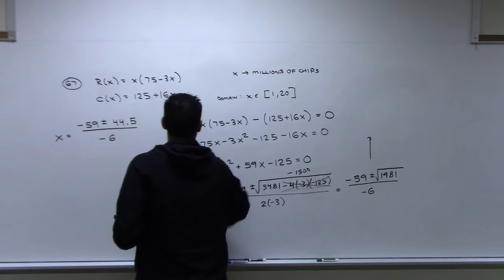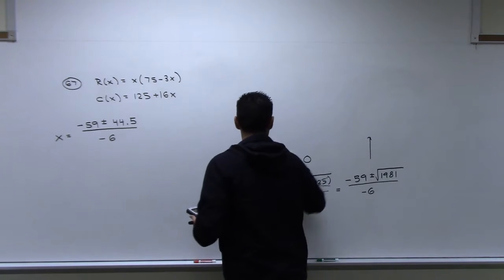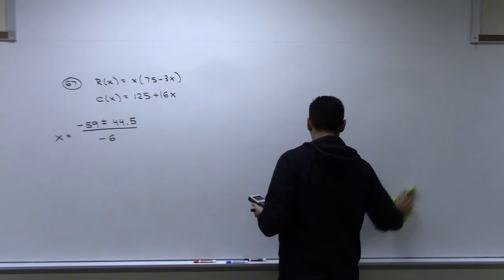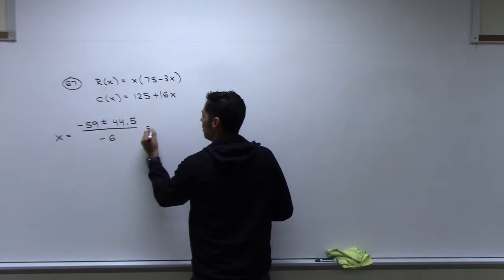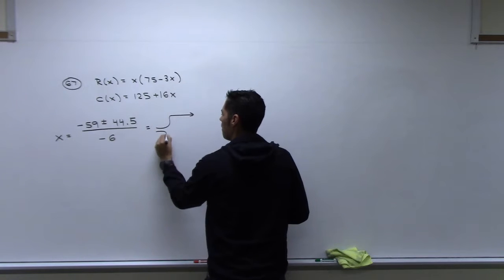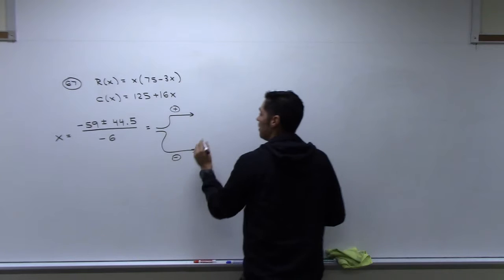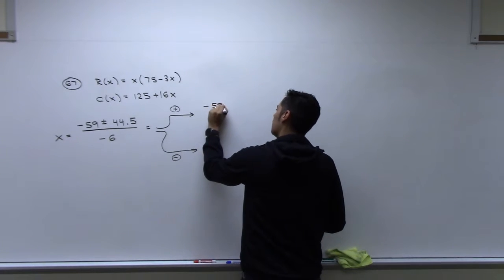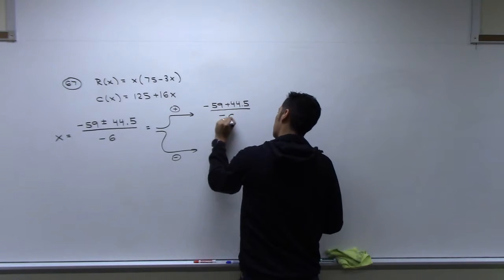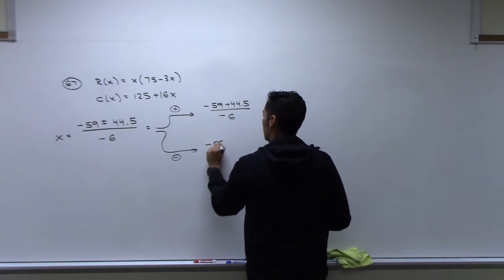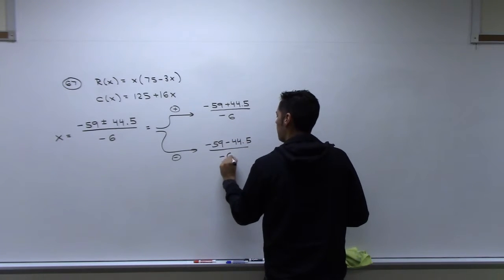And now what I'm going to do is look at both of the scenarios where we have plus or minus, right? So this is going to spit out two answers. The plus scenario and the minus scenario. So if it's the plus, it's negative 59 plus 44.5 all over negative 6. And if it's the minus, it's negative 59 minus 44.5 all over negative 6.